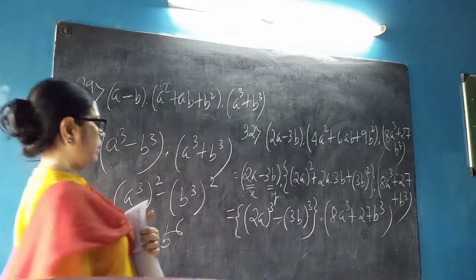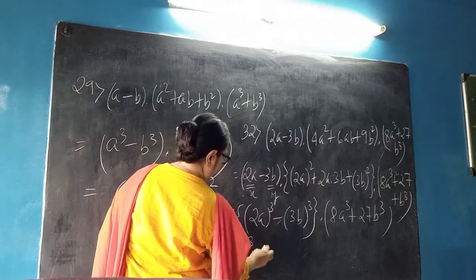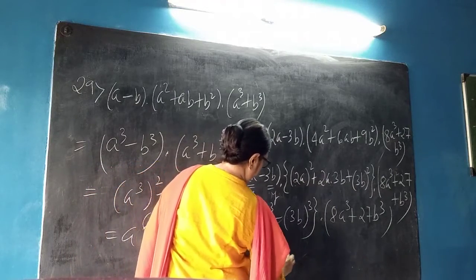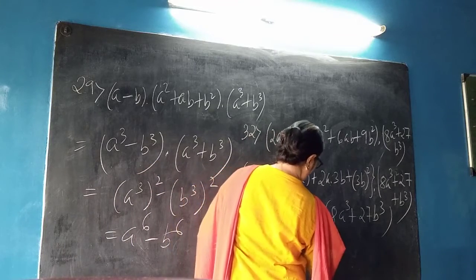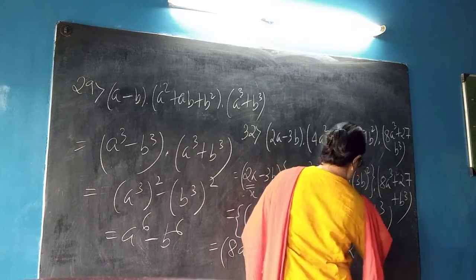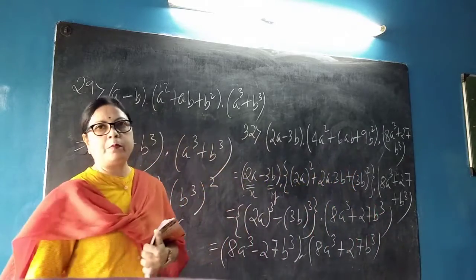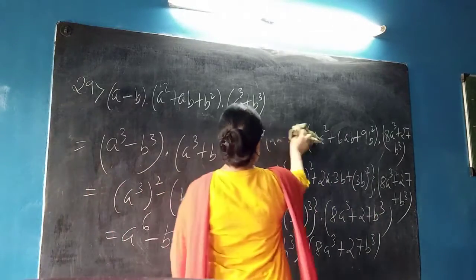Then open the bracket. It is becoming 8a cube minus 27b cube, and there 8a cube plus 27b cube. Now it is in that form a plus b into a minus b.